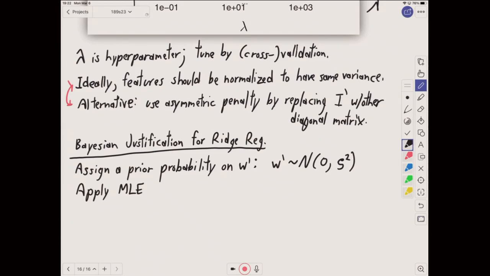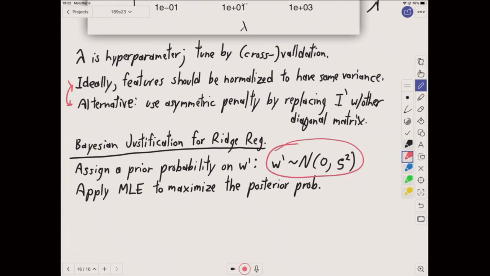We're again going to use maximum likelihood estimation to come to that conclusion, except there's an extra twist: now instead of just maximizing the likelihood, we're going to maximize a posterior probability that takes into account both the likelihood and this prior probability that expresses my prejudice about what weights are reasonable and what weights are unreasonable.